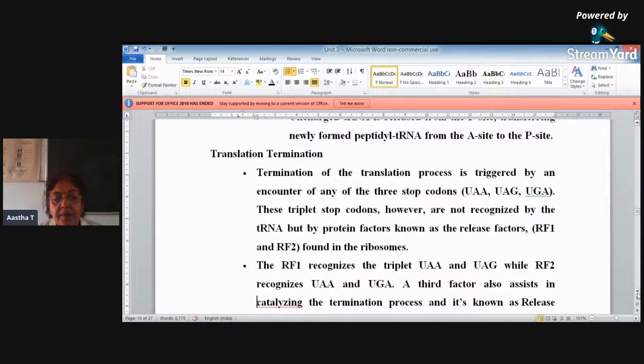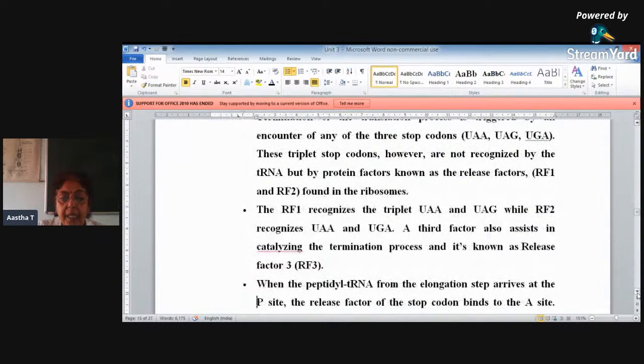Release factor 1 will recognize the termination codons UAA and UAG. Release factor 2 will recognize termination codons UAA and UGA. The third factor, release factor 3, will help RF1 and RF2 in their termination process.